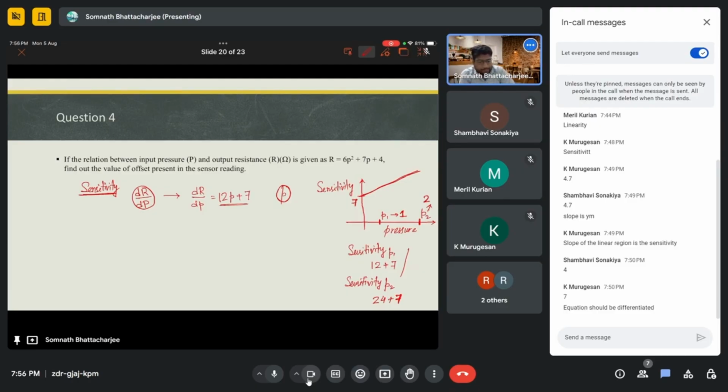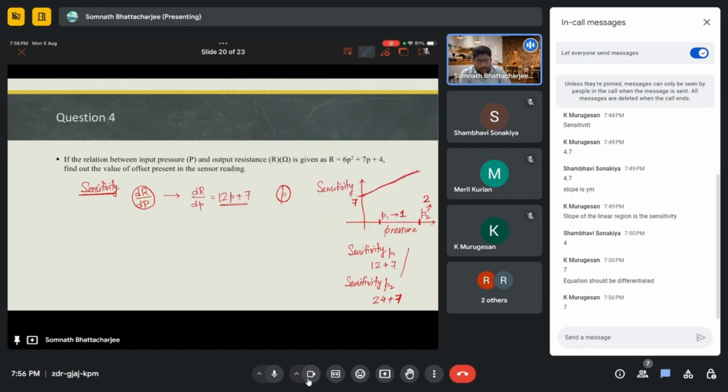Let me do it. So what will happen in this case? Offset is the value of y, that is the output, when the value of x or input is 0. In this case, the input parameter was P, the pressure.